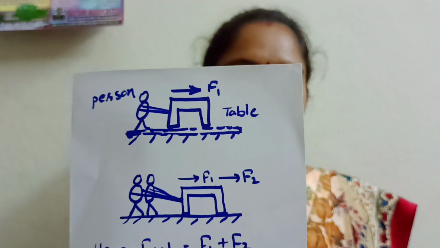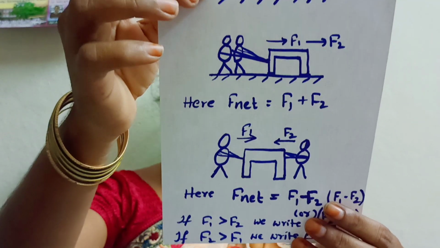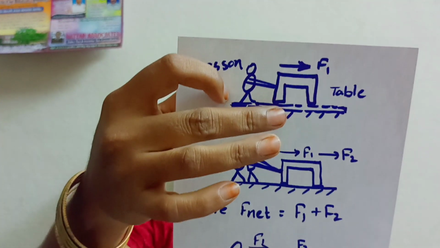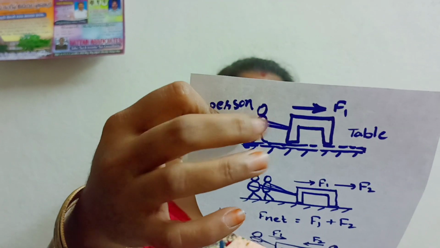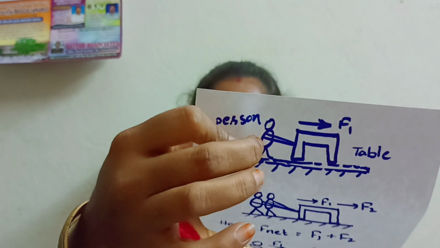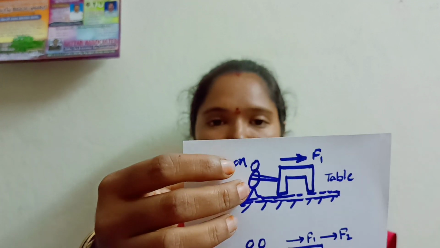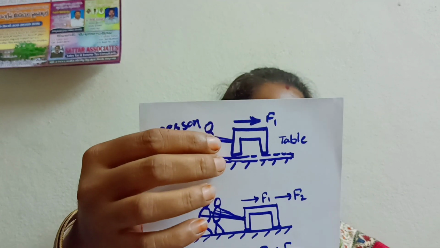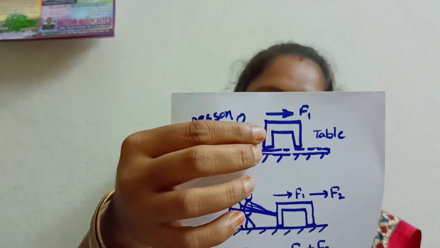Okay. See this picture. This is a table on a floor. Now a person is standing on the floor, applying some force on the table.